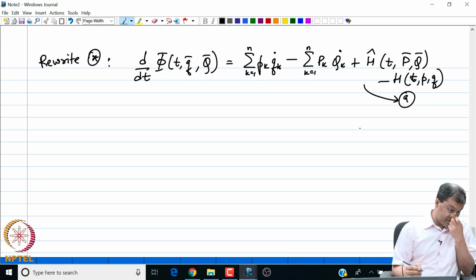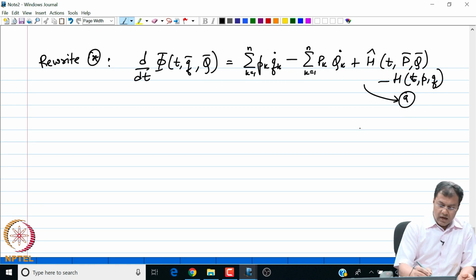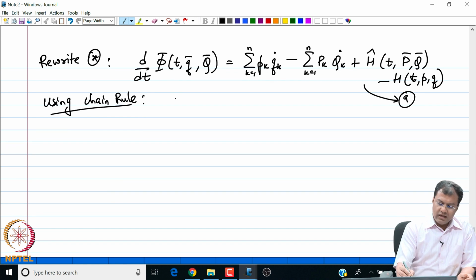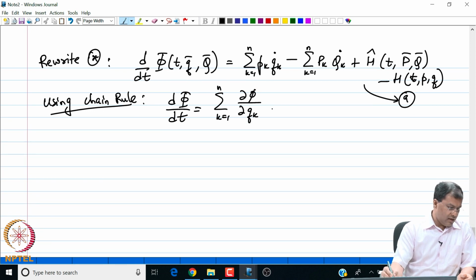Now we rewrite this left hand side again. Using chain rule, I see that d phi dt is also equal to summation k from 1 to n of del phi del qk times qk dot.